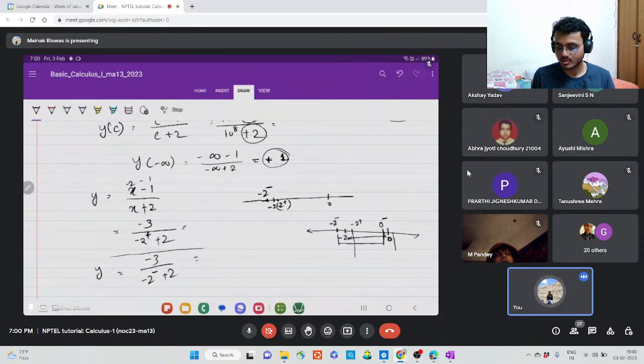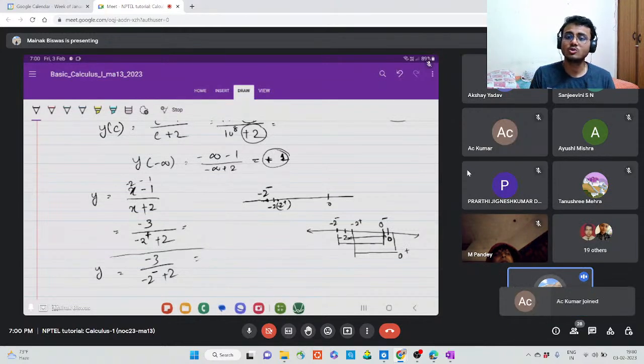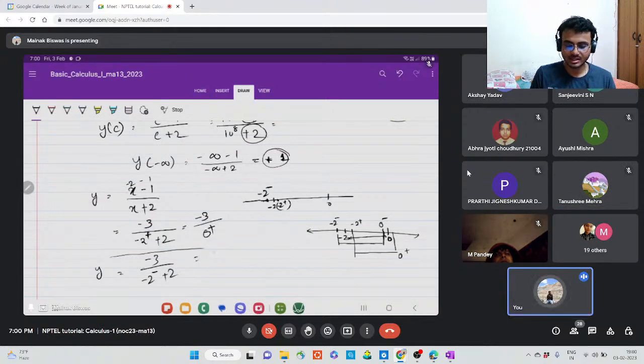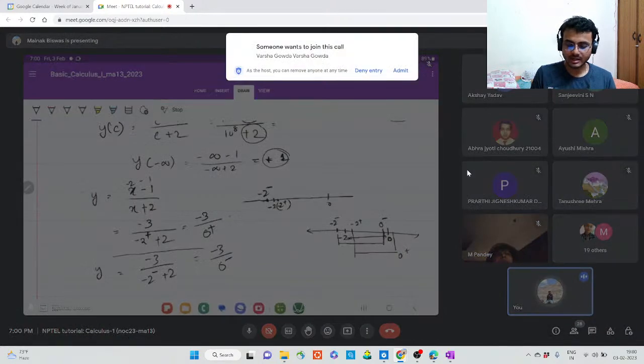This will be 0 plus, right? It's very easy to visualize. A number that is greater than minus 2, and you are adding 2 to it, means it will be greater than 0 once you add that, right? Yes, sir. If you have a doubt, I'll explain again. So this is 0 plus and this is 0 minus.